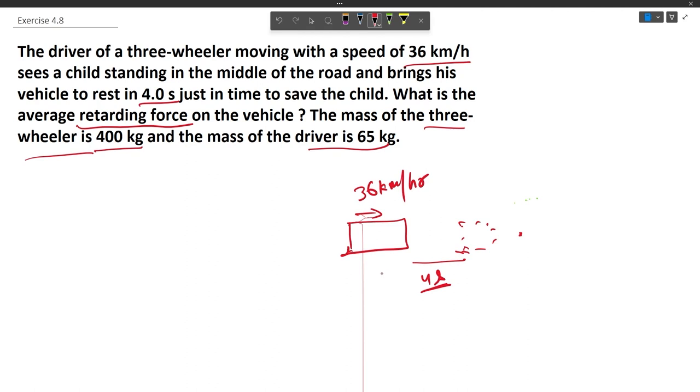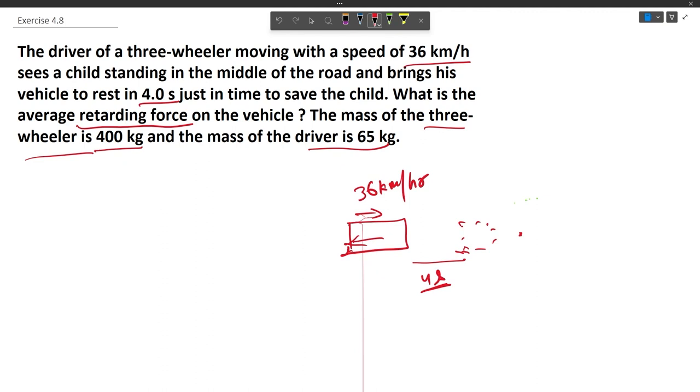So there must be a force that would be responsible for reducing the vehicle's speed to 0. We have to find out the magnitude of that force, and the direction would be simply in the opposite direction of the velocity. In order to find the force, we have the combined mass of the driver and the vehicle.